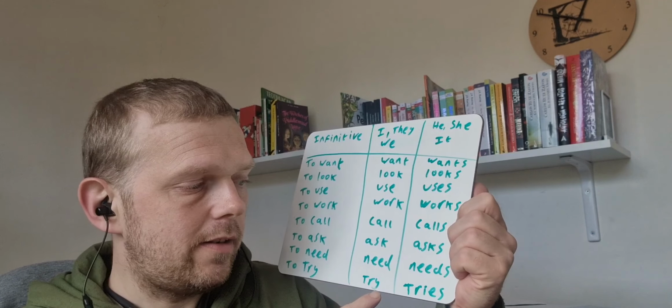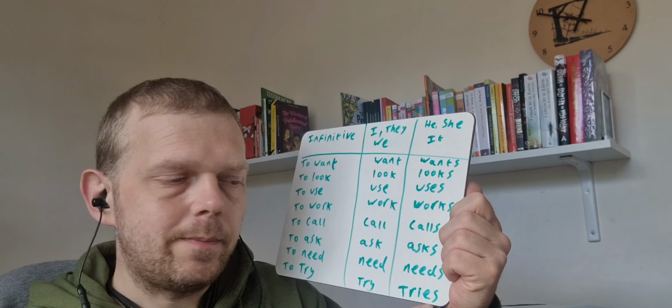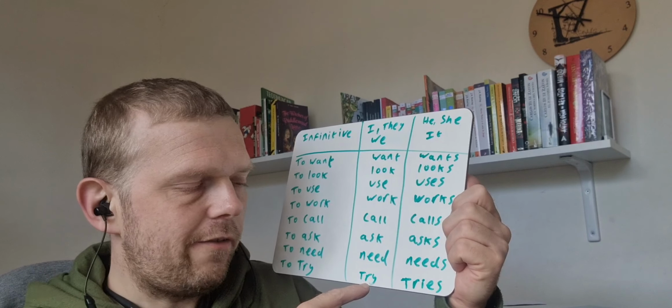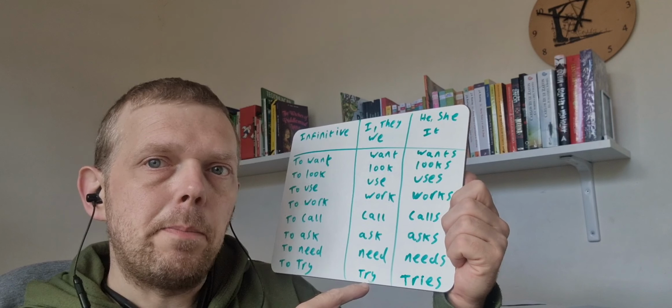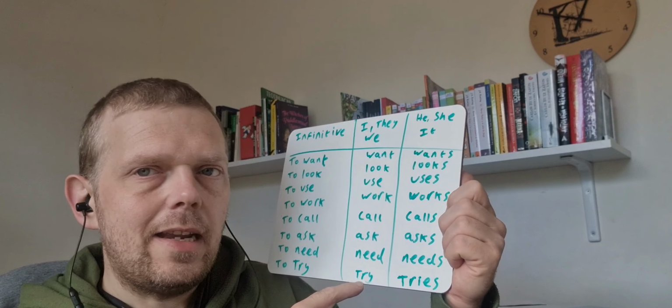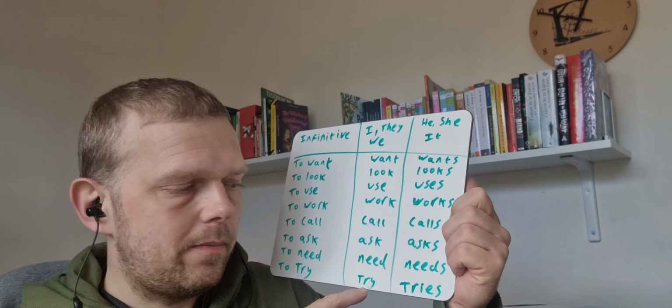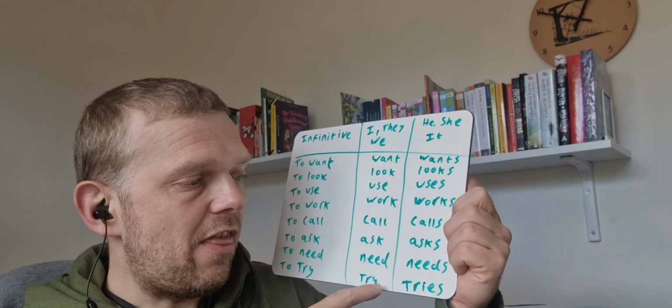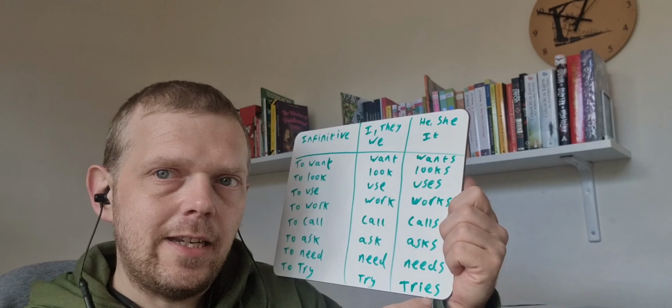I try, he tries, with IES. If the letter before the Y is a consonant, so in this case it's an R, which is a consonant, then it changes to IE.